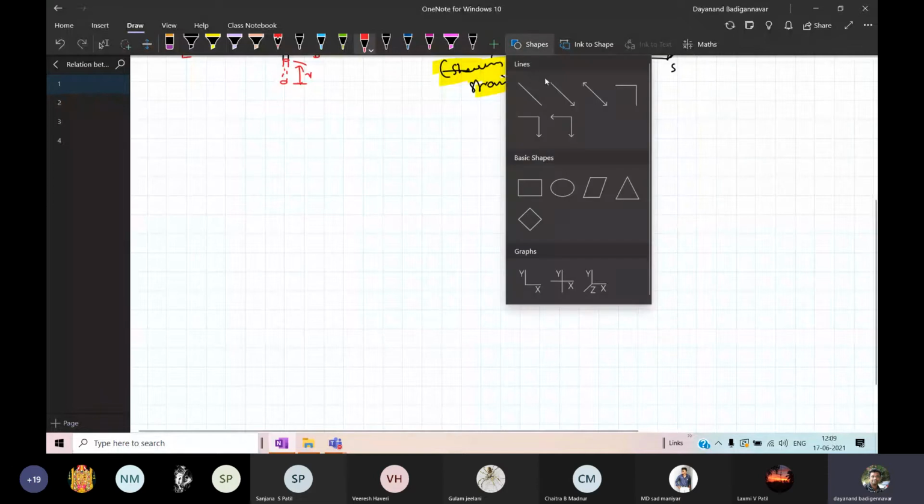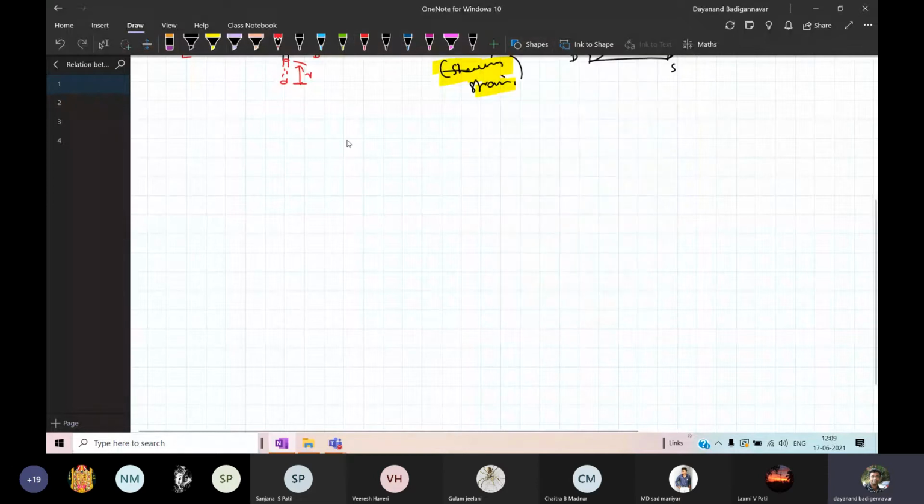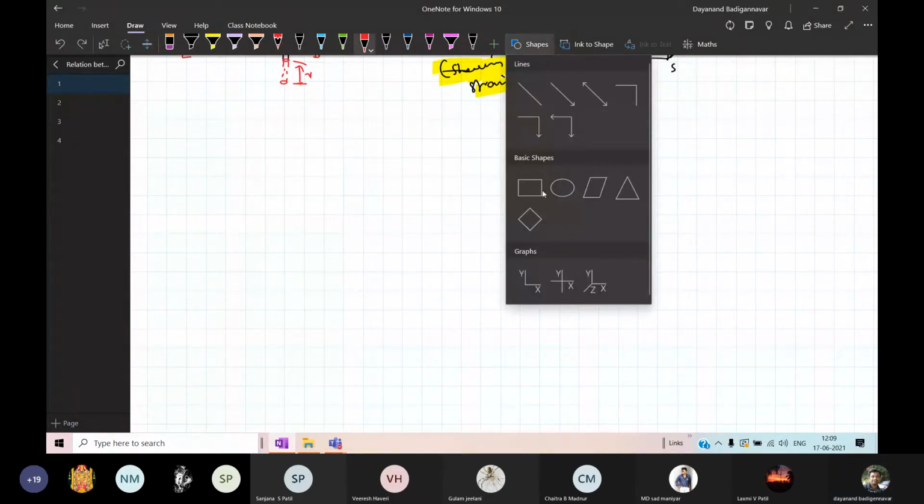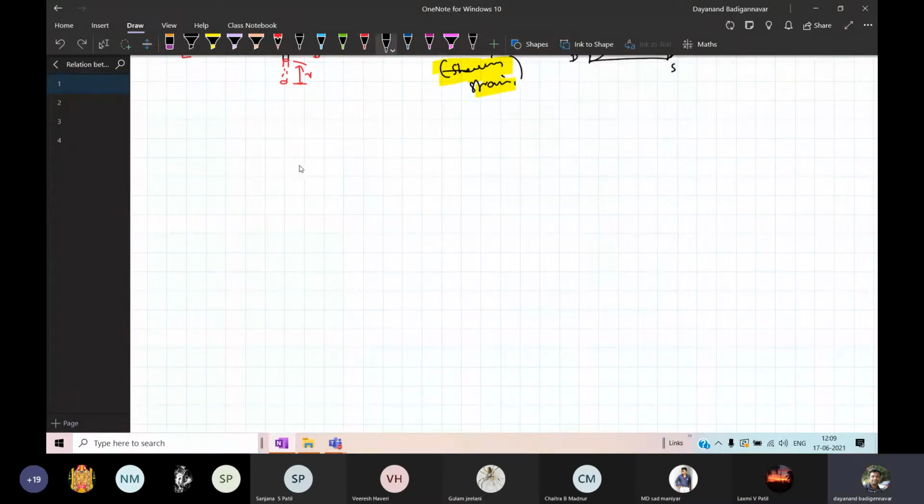So I have a wire like this. Now let us assume that the length of the wire is L. This is the length of the wire, I will take it as L. Now what happens is that I will apply the force to it, and I will compress the wire.